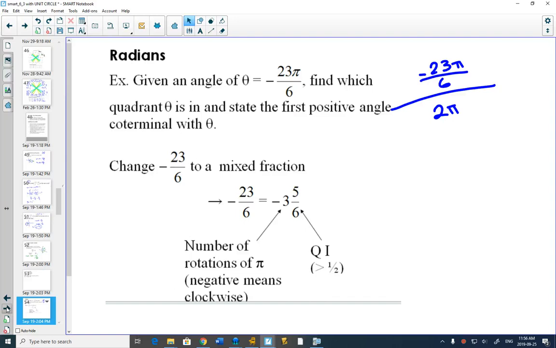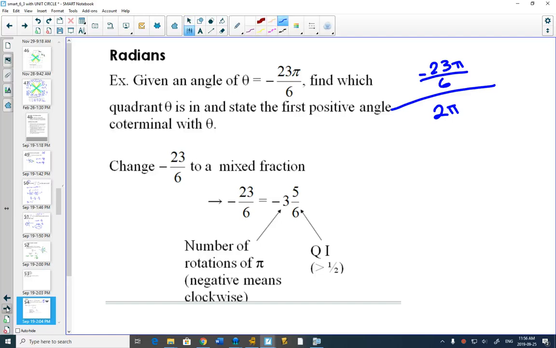So if we want to find out what quadrant it's in and state the first positive angle that's coterminal with it, a strategy that we're going to use is changing the improper fraction to a mixed fraction. So negative 23 over 6 is the same as negative 3 and 5/6.